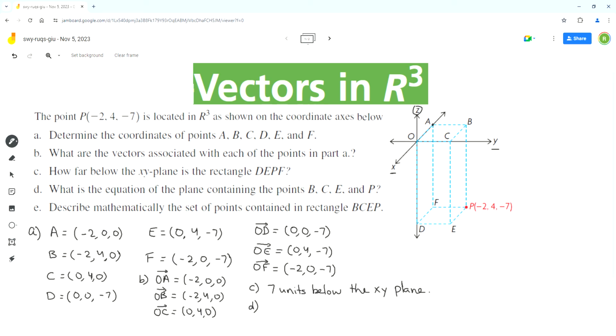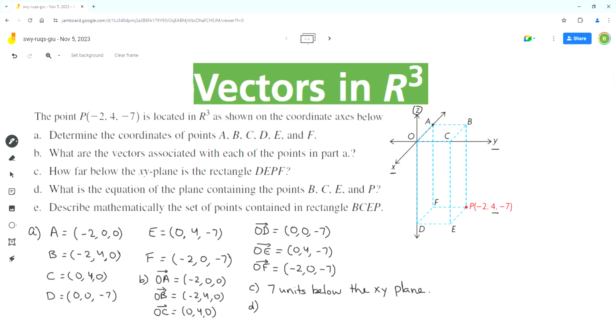Now we can analyze part D. What is the equation of the plane containing the points B, C, E and P? B, C, E and P make a rectangle, and this rectangle is parallel to the XZ plane. This rectangle is 4 units to the right side of the XZ plane because for point P the Y coordinate is 4.